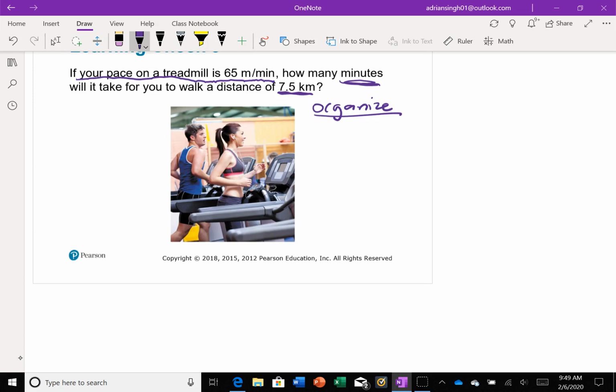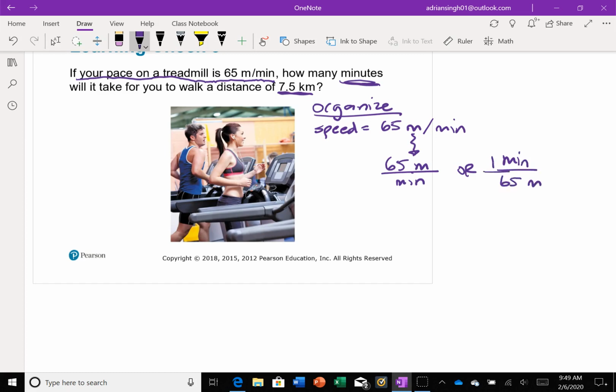All right, so we're told that the pace or the speed is 65 meters per minute, right? And if you recall from a few minutes ago, we said that these types of relationships are actual conversion factors as well, right? 65 meters per minute, and we can flip that: minutes per 65 meters, right?